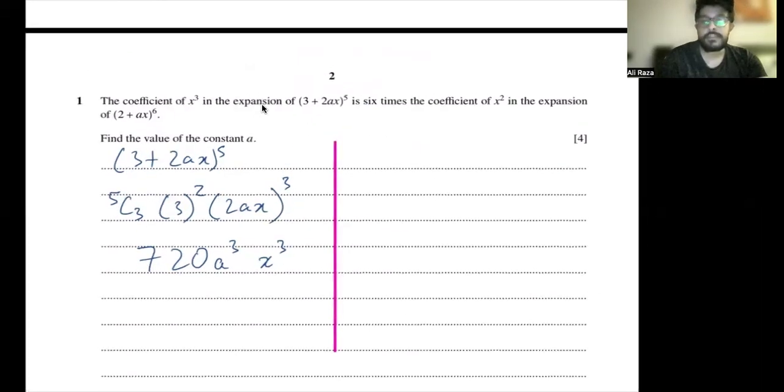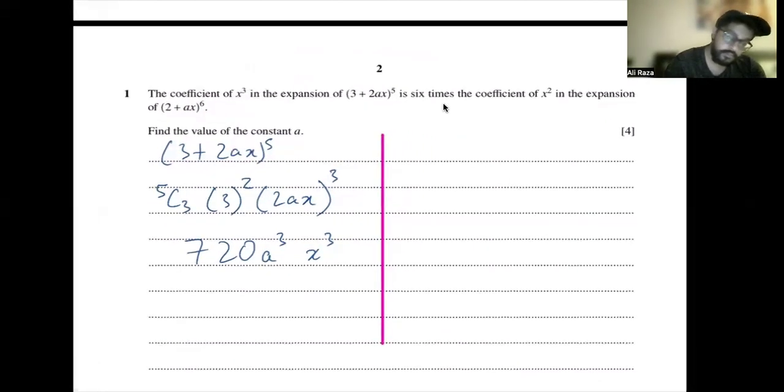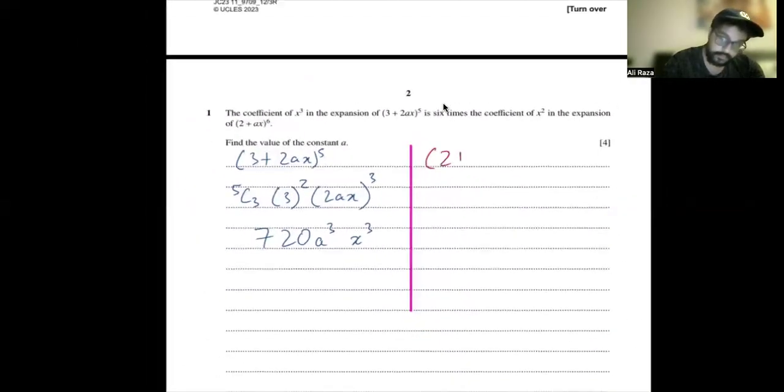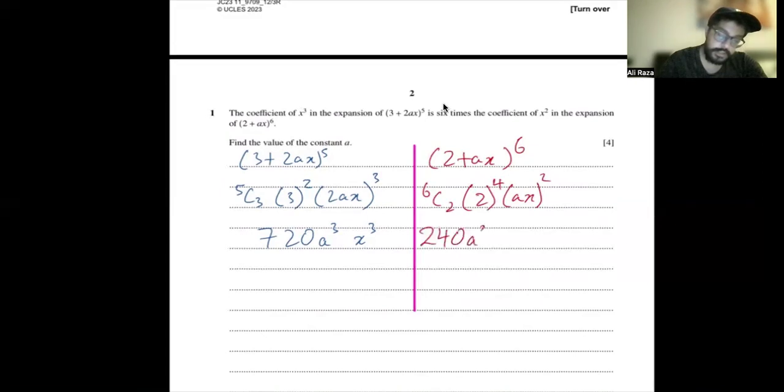For the second expansion, we need the coefficient of x squared, so I'll need the term 6C2, with 2 to the power 4 and (ax) squared. So this gives me 240 a squared x squared.